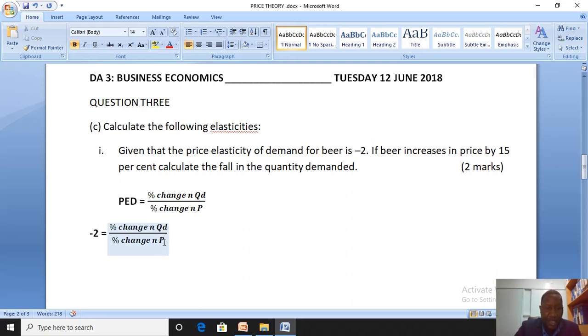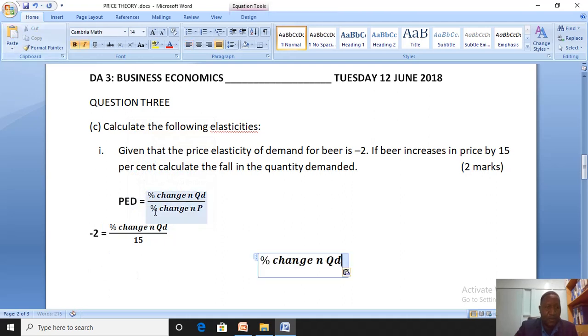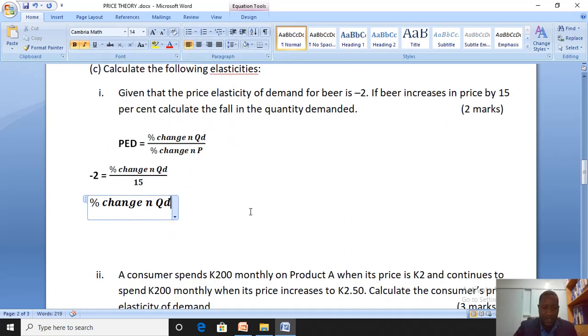Then the percentage change in price is also given. The percentage change in price is 15%. So we have your 15% there. A fraction equal to a fraction, you cross multiply. So the percentage change in quantity demanded is going to be equal to -2 multiplied by 15. So this is going to be equal to -30.